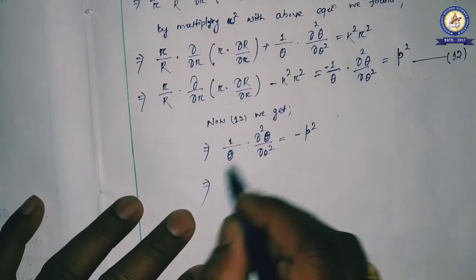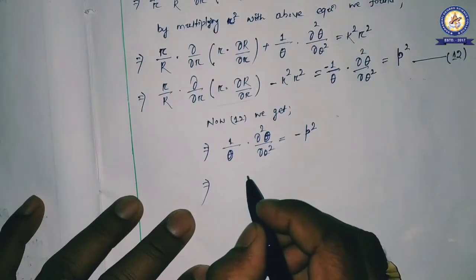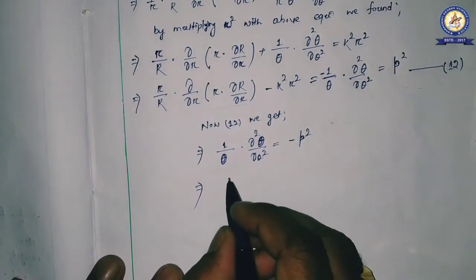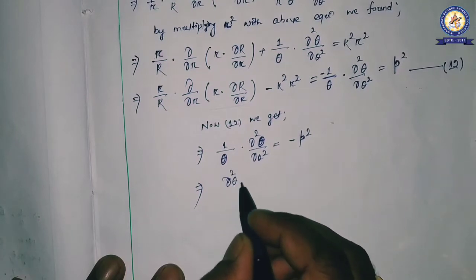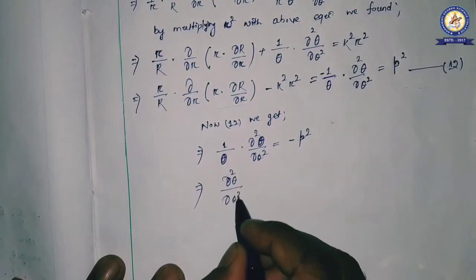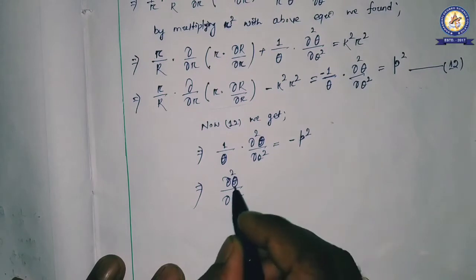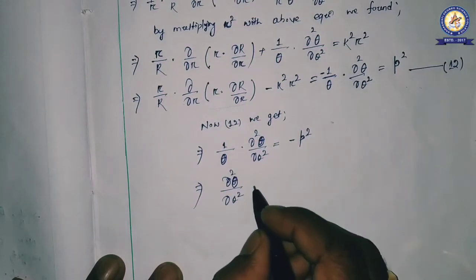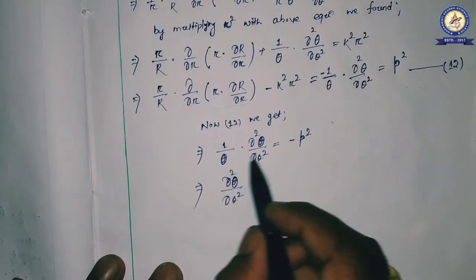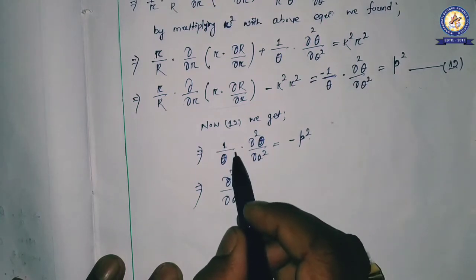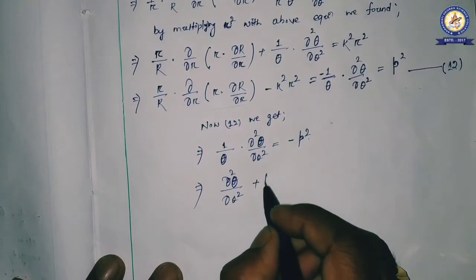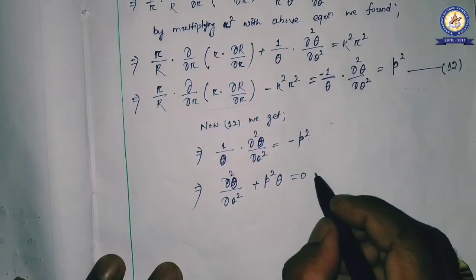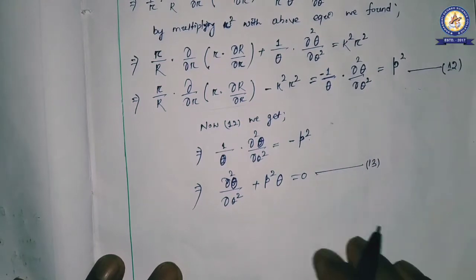So that implies del square capital theta by del small theta square, theta will be multiplied and taken this side, it will be plus p square capital theta equal to 0. Consider this one as your equation number 13.